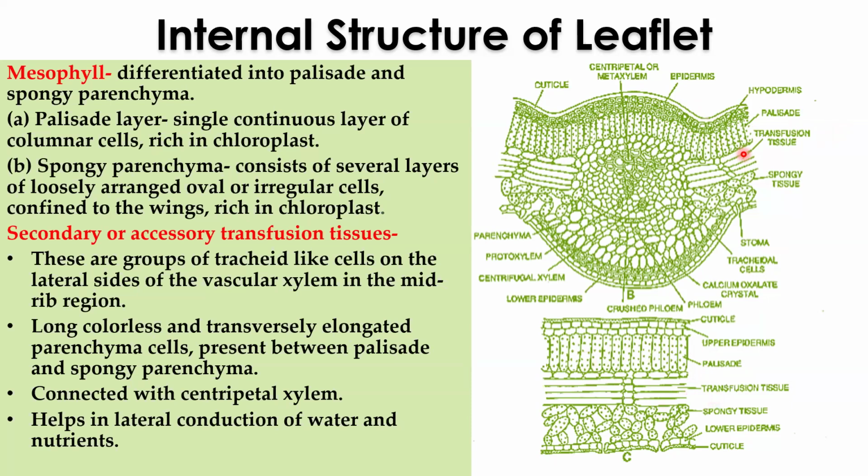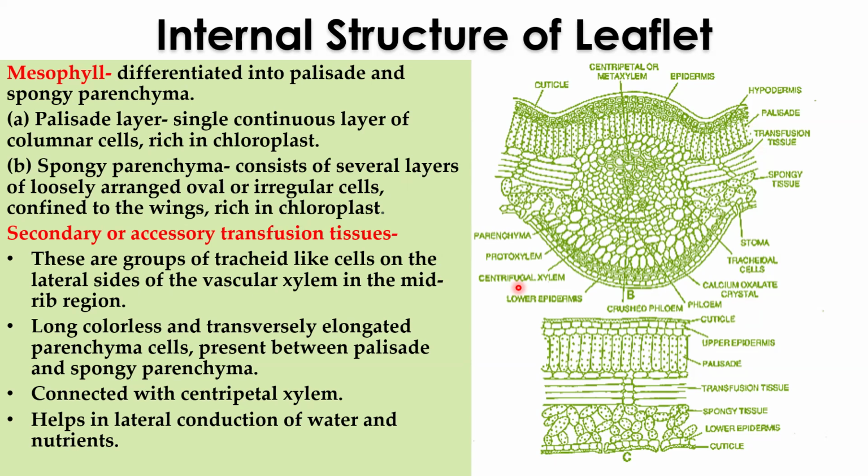So mesophyll is differentiated into palisade parenchyma and spongy parenchyma. Spongy parenchyma are confined to wings and are rich in chloroplast. Now, after mesophyll, we can also see a characteristic feature called transfusion tissue, which helps in the lateral conduction of water and nutrients in the leaflets.